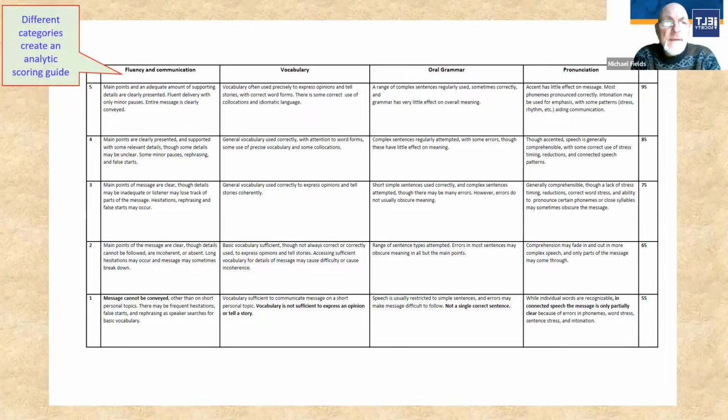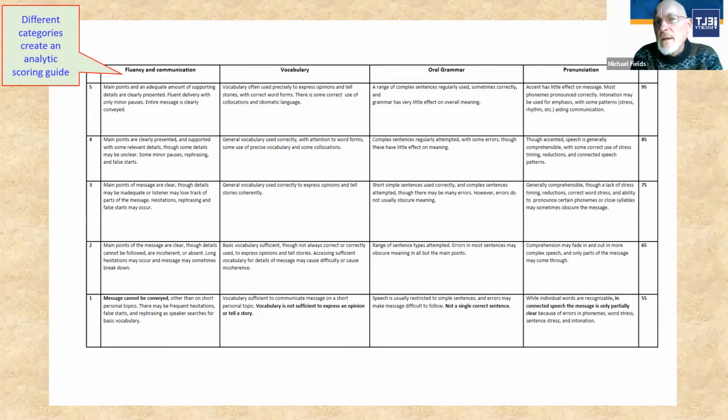First, we see these different categories, and I've just sort of copied the Cambridge ones. So fluency, this is a speaking rubric, obviously. Fluency and communication, vocabulary, oral grammar, and pronunciation. These categories create an analytic scoring guide, and they're the basis of our construct. So this is giving us a complete construct, or I don't know if you would agree that this is complete, but it's relatively complete as to what the speaking skill really is.